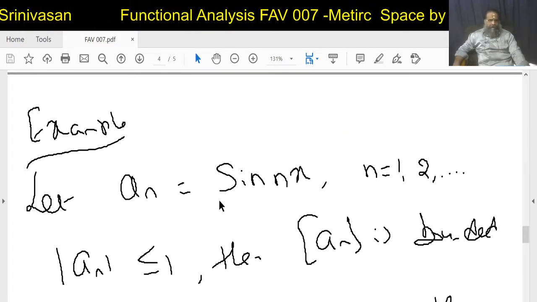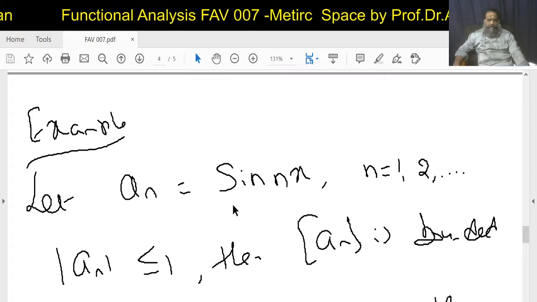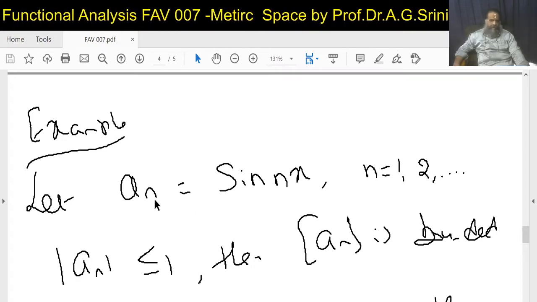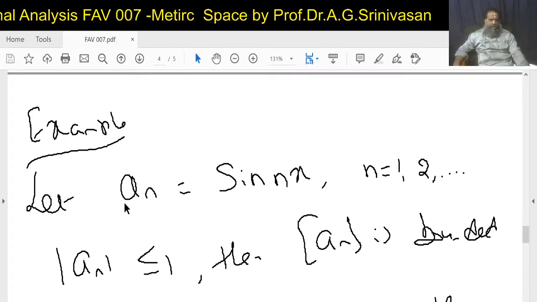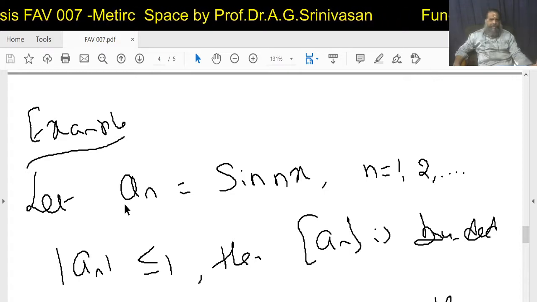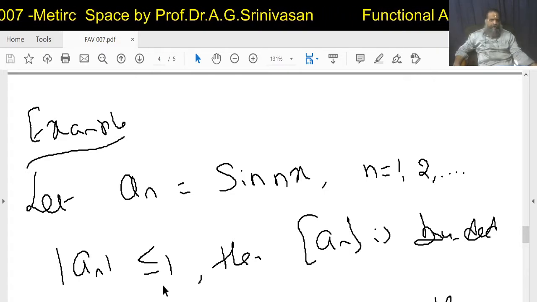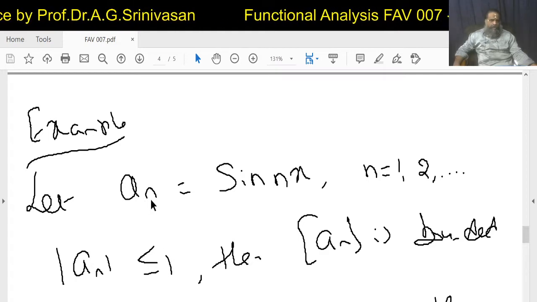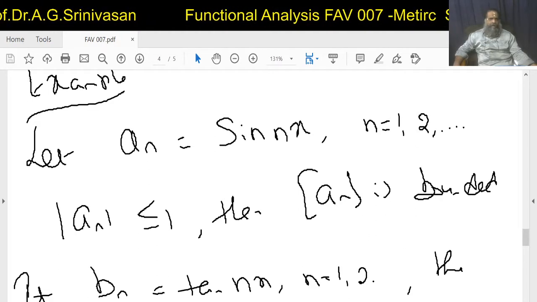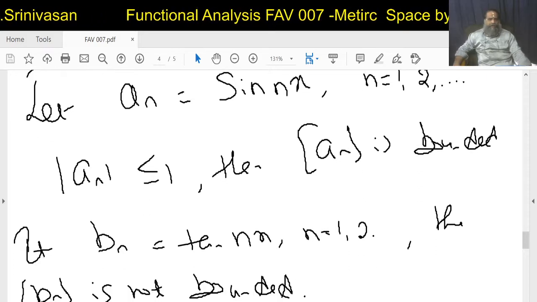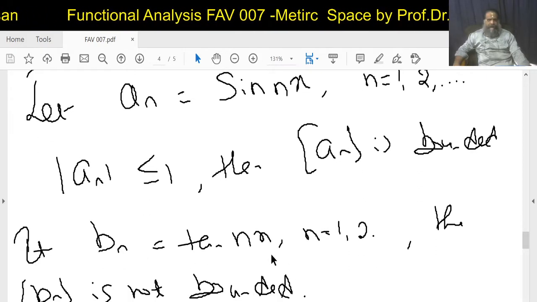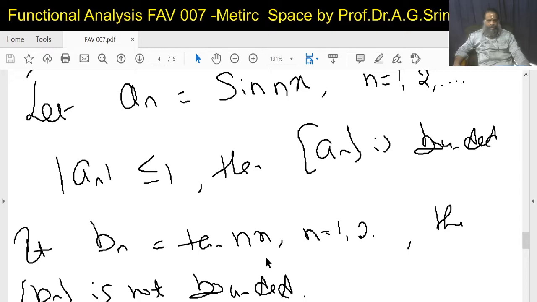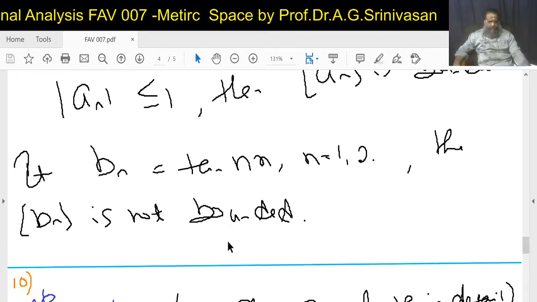If an equals sine nx, a1 is sine x, a2 is sine 2x, a3 is sine 3x. So an is a sequence of sine functions. But you know that modulus an is less than or equal to 1. This 1 does not depend on n. So an is bounded by 1. On the other hand, if you take bn equal to tan nx, it is not bounded, though bn is a sequence.